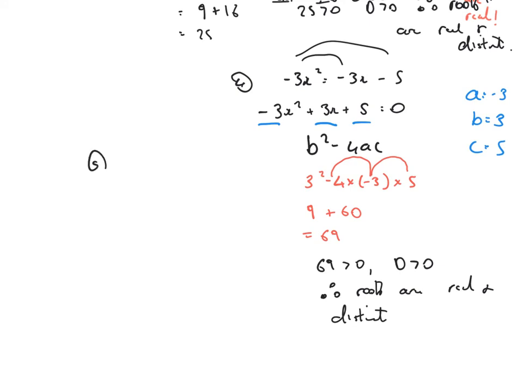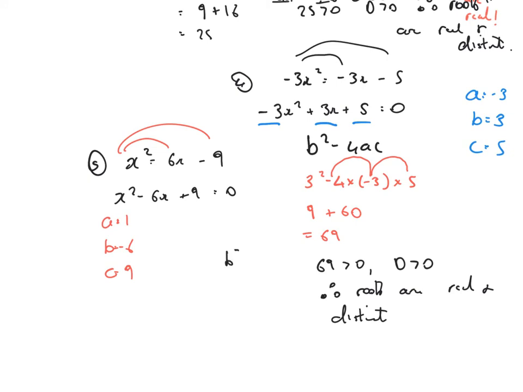Okay, example 5. x squared is equal to 6x minus 9. Okay, bring these across, make it equal to 0. x squared minus 6x plus 9 equals 0. a is 1, b is minus 6, c is 9.